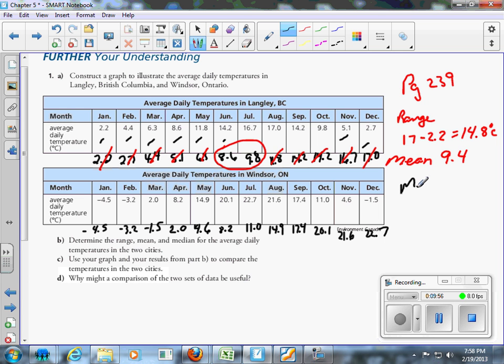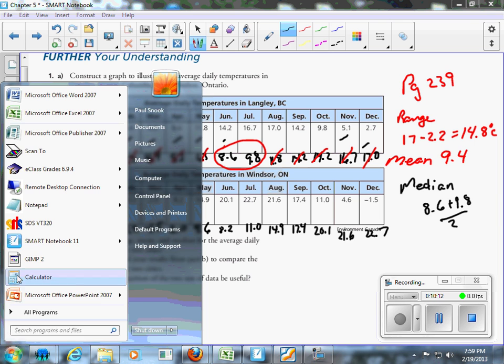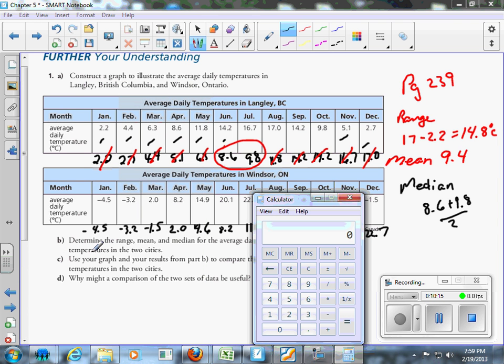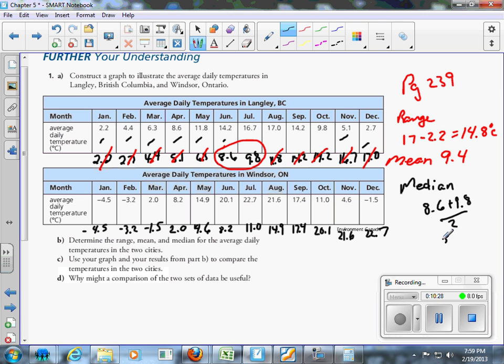So for median again, 8.6, and 9.8, and I would divide by 2. 8.6, 9.8, 18.4, divide by 2, and my median temperature is 9.2 degrees Celsius.